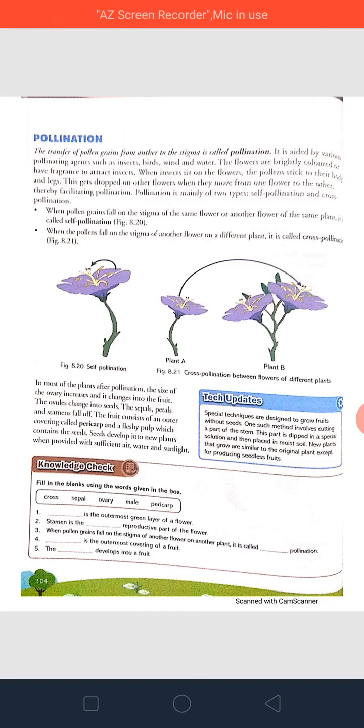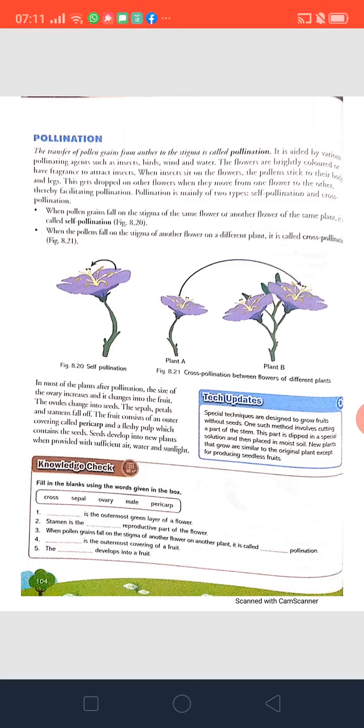So the flowers in which both the male part, the stamen, and the female part, the pistil, are present are known as complete flowers, or you can say bisexual flowers. Bisexual: bi means two, sexual means sex organs. It means flowers having both stamen and pistil are called complete or bisexual flowers.